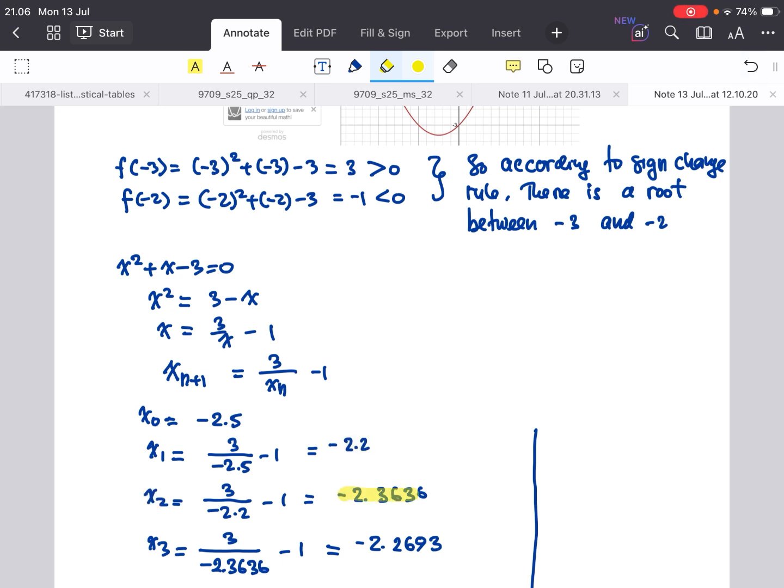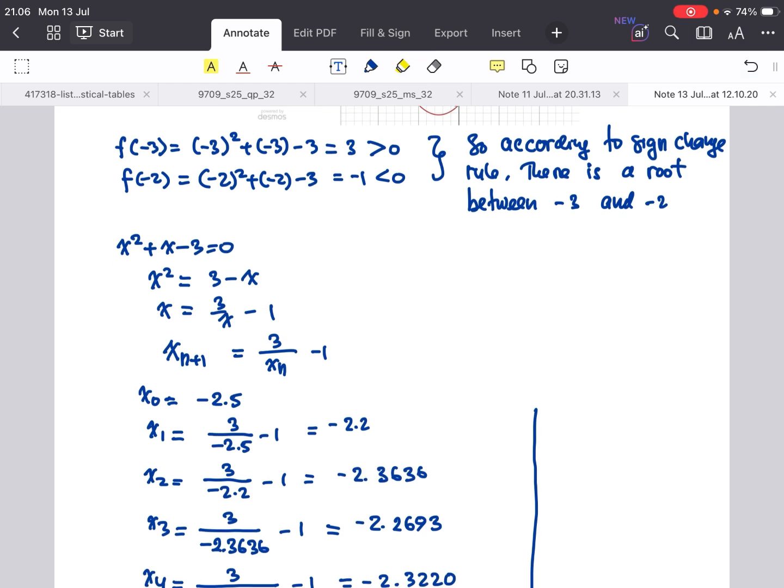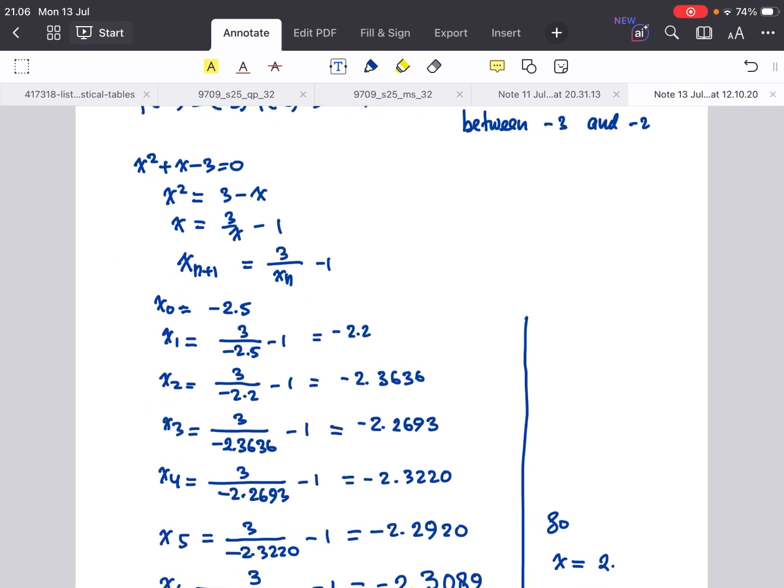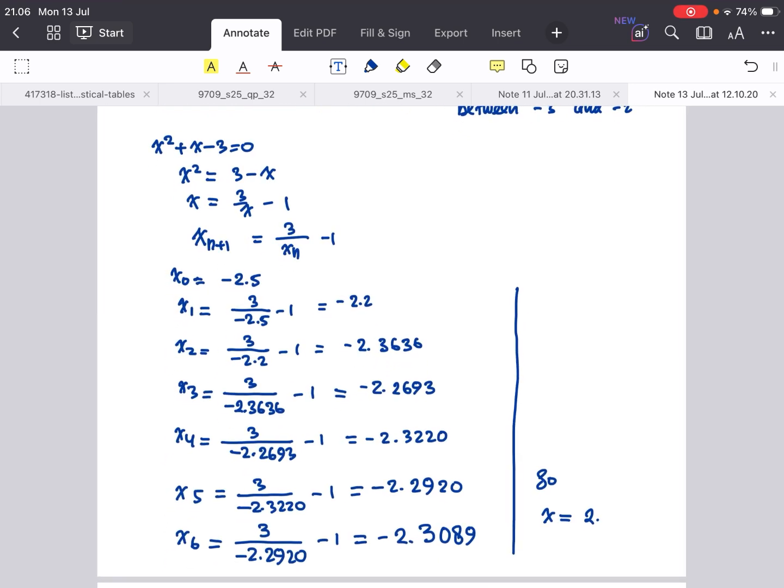The answer is negative 2.3636. We repeat this process again and again. Here I do this process 6 times. And then I conclude that the solution is x equals negative 2.3, correct to one decimal place.